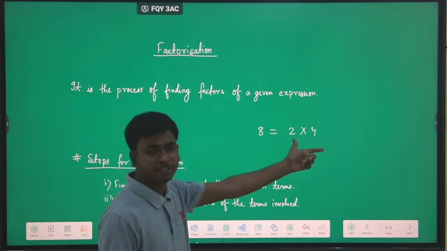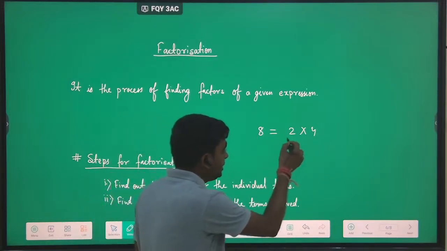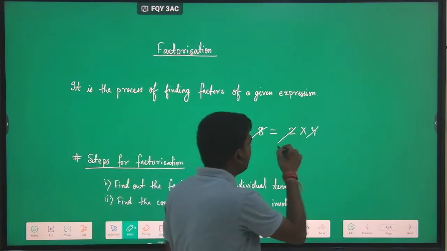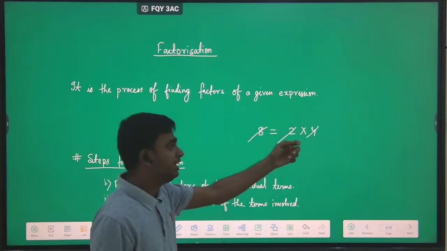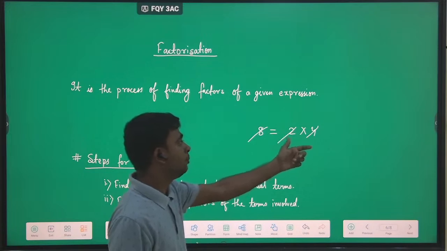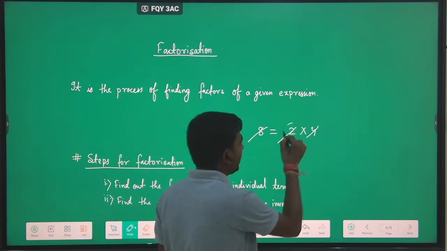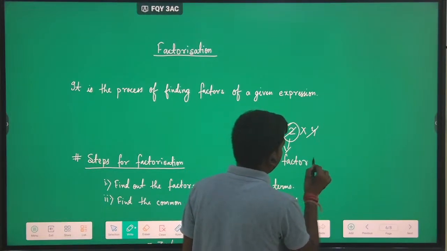It means that 2 completely divides 8 and 4 completely divides 8. So if an algebraic expression completely divides another expression, that expression is termed as a factor.